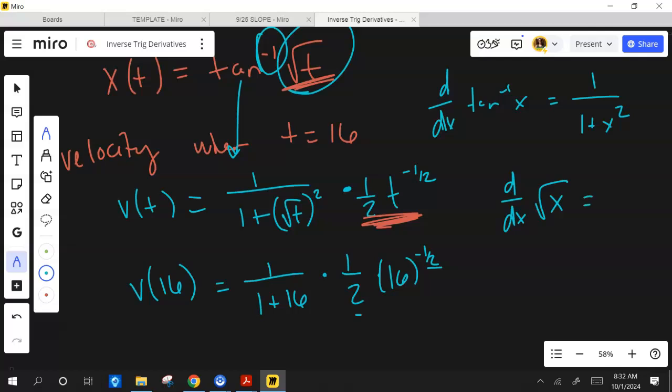But you got to do that power first, right? So the derivative of x to the 1/2 would be bring it around and multiply and subtract.